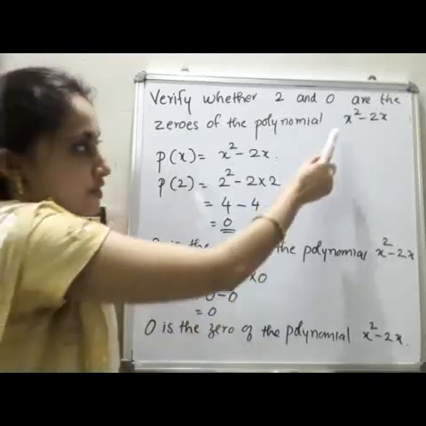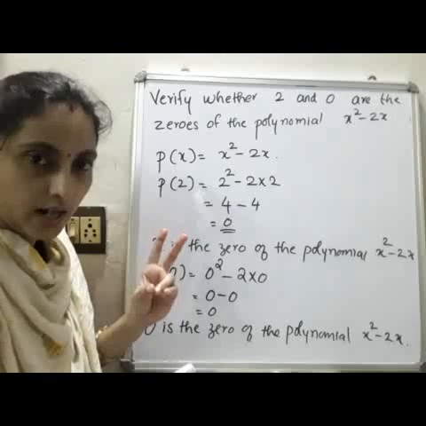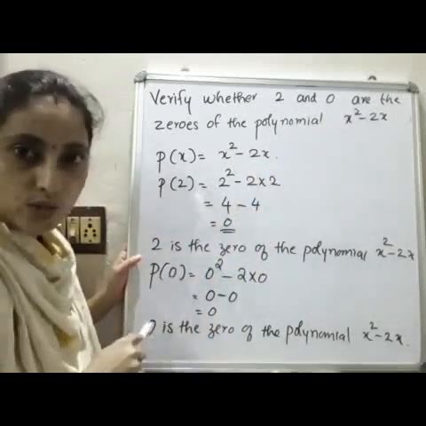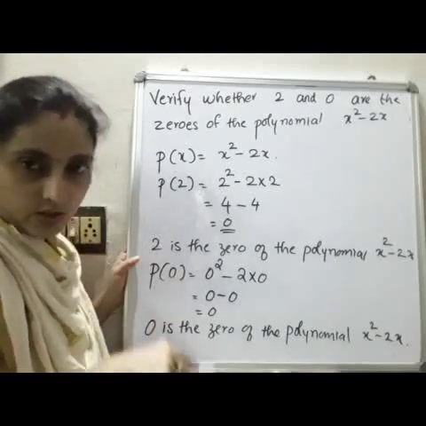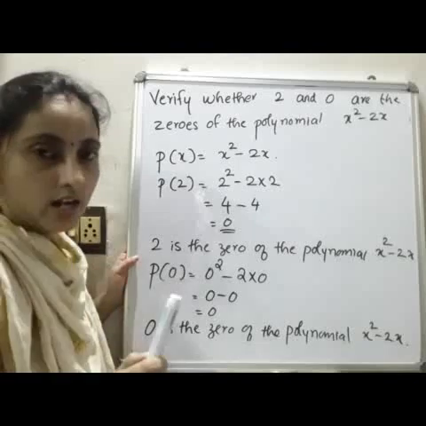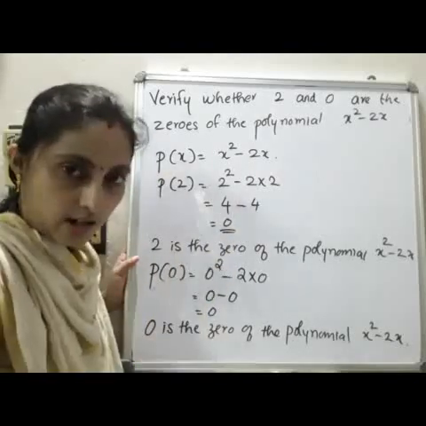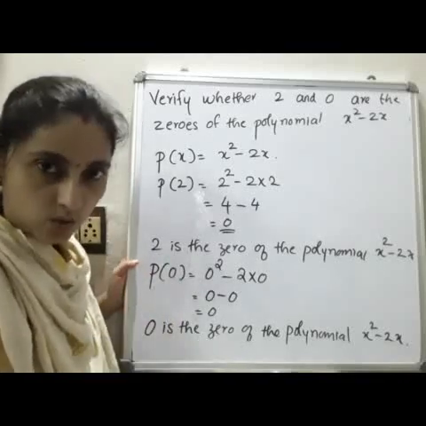Okay. So we'll go through the degree of the polynomial. What is the degree of the polynomial here? x square. That is, degree is 2. If the degree of the polynomial is 2, it has 2 zeros. If the degree of the polynomial is 1, as in the previous question, how many zeros are there? Only 1 zero. If the degree of the polynomial is 3, you get 3 zeros.